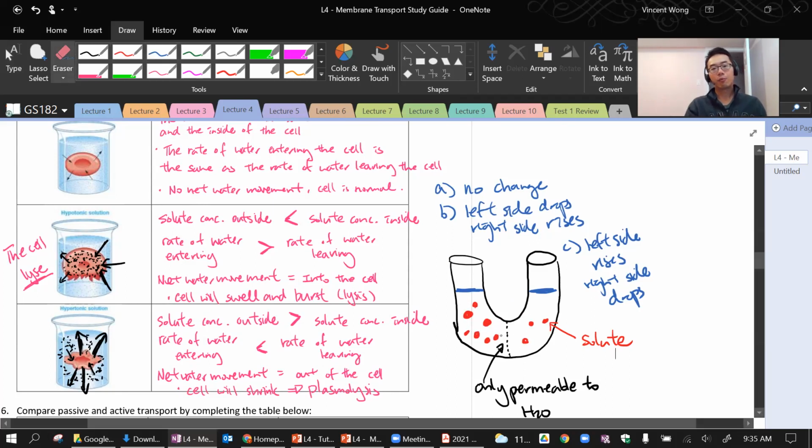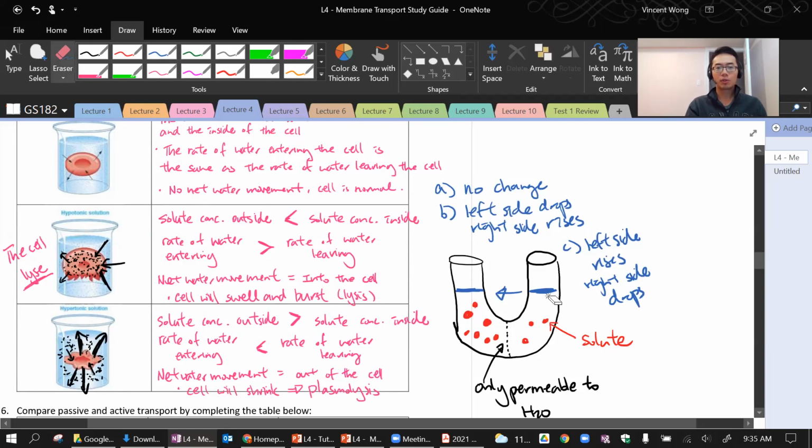If water moves to the right, think about what happens: you will make the right side even more dilute and concentrate the left even more. So that's not what's going to happen. To even out the concentration, the water will have to move to the left.